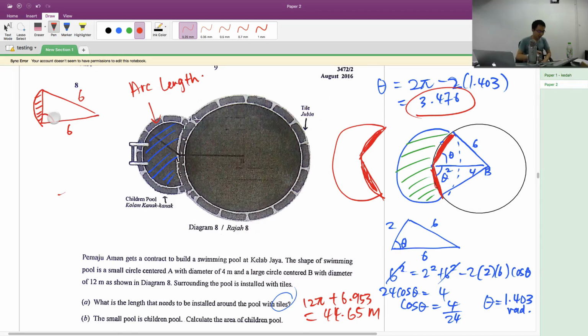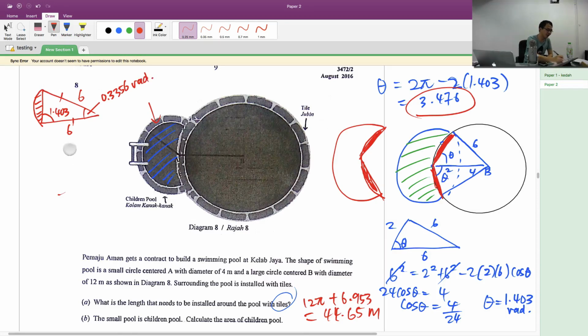This angle is 1.403. Then this is an isosceles, right? So we can easily get this angle. So this angle is pi minus 2 multiply 1.403. So this angle is 0.3356 radian. Alright, this is radian.